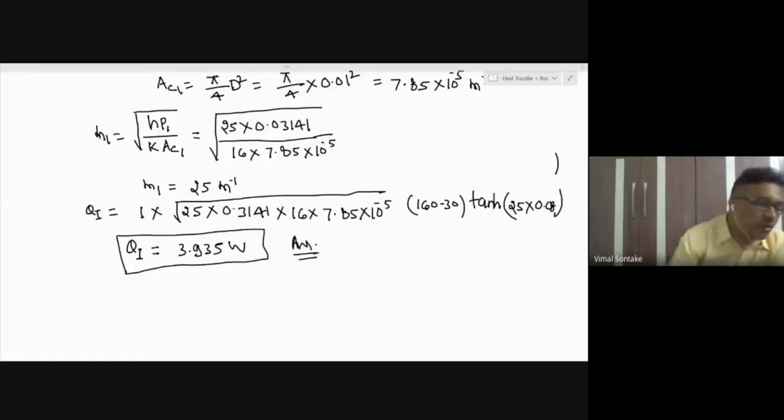Saurabh, 4.082. Final value of heat transfer rate. Okay, no issue. 3.935 will also work.